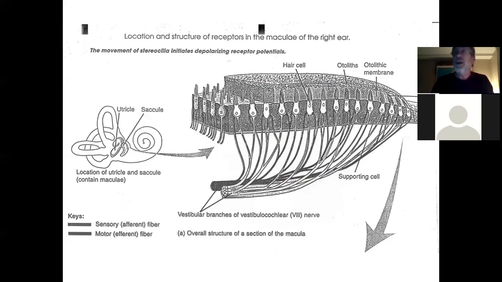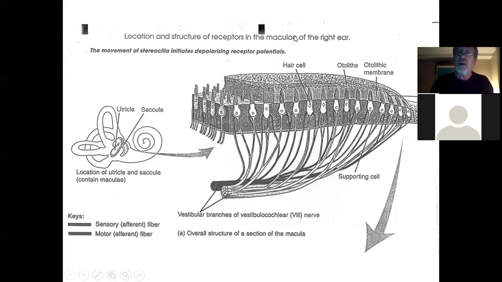Now look on top of the hair cell. You can tell it's a cell because it has a little nucleus. But when you're looking on top of the cell, you're going to see a bunch of hairs. Those hairs are called stereocilia. Cilia for hairs, stereo for many. Type 1 hair cells have stereocilia, type 2 hair cells have stereocilia.